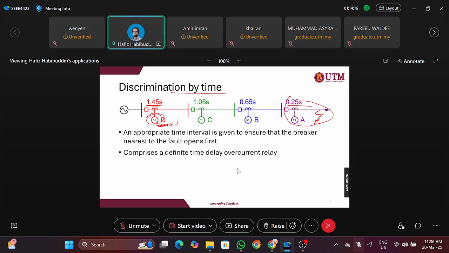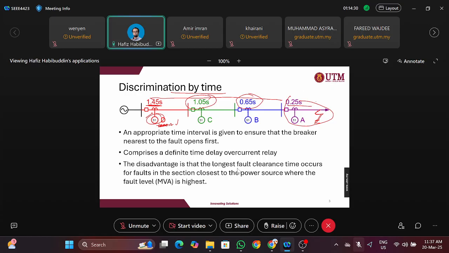So this comprises a definite time delay of the current relay. Going to the source side, the delay is increased. But the problem with this is that when you have a fault occurring here, the fault current, instead of 1000, will be maybe more, maybe 3000.